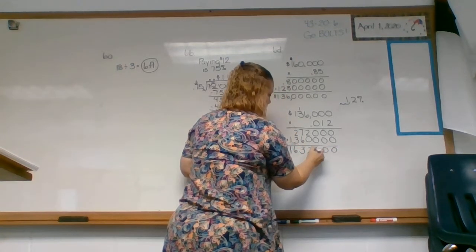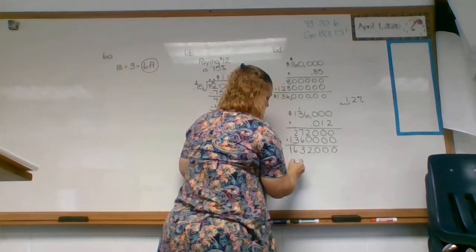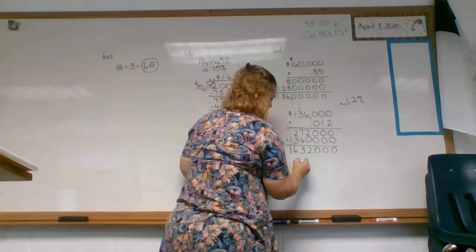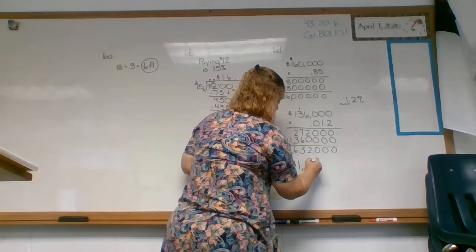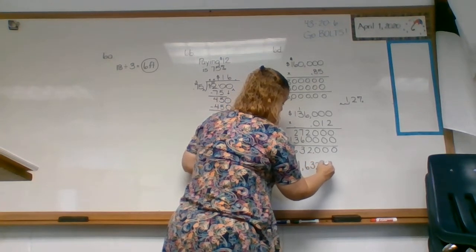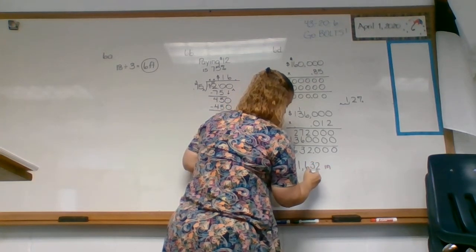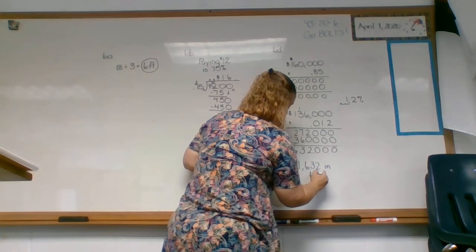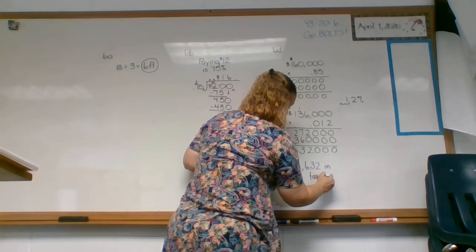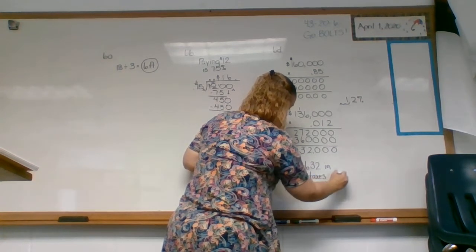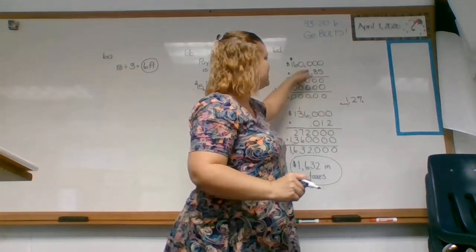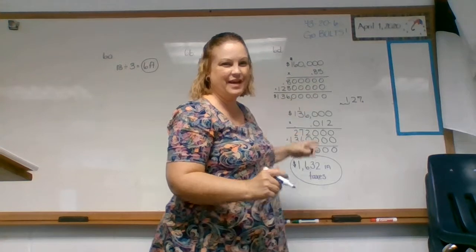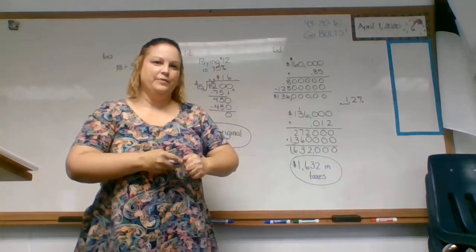No carrying. 3 decimal points. So what were their taxes? $1,632 in property taxes. Because this was their tax rate, but they were only taxed on 85% of the actual value of their home.